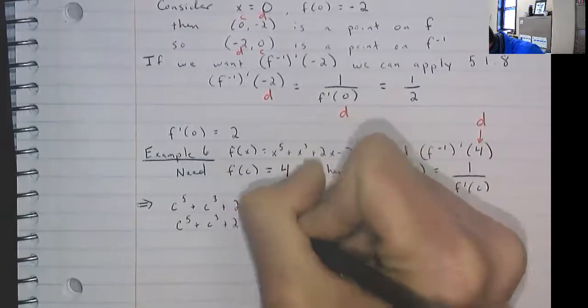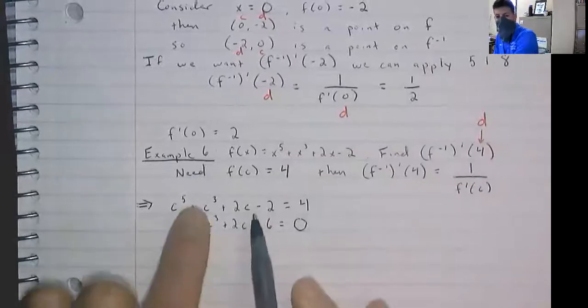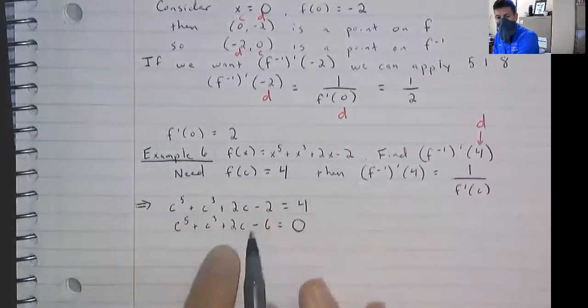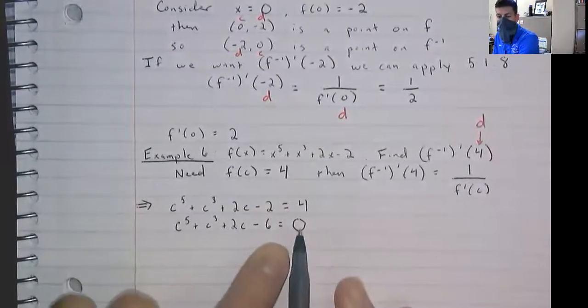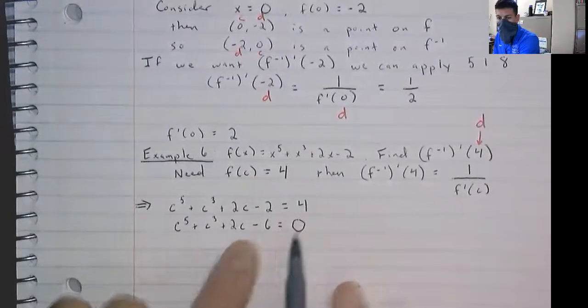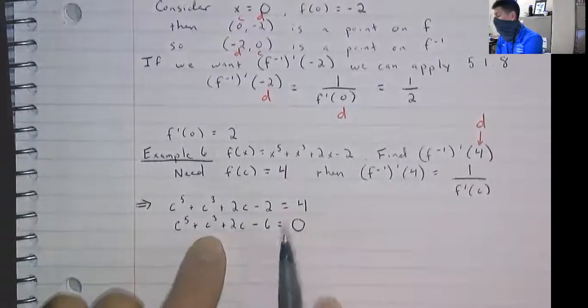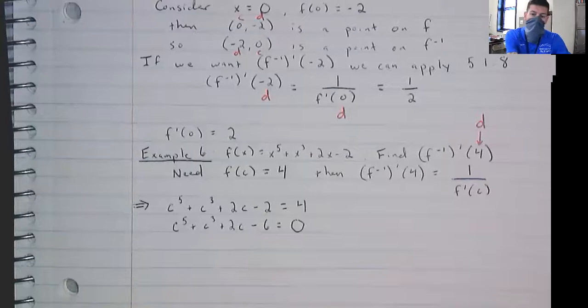Minus 6 is equal to 0. Because now the values of c that will make this function equal to 4 are the values that will make this thing equal to 0. And we have some pretty refined techniques and tools at our disposal that will help us find roots of polynomials. Specifically, our TI-84 graphing utility.